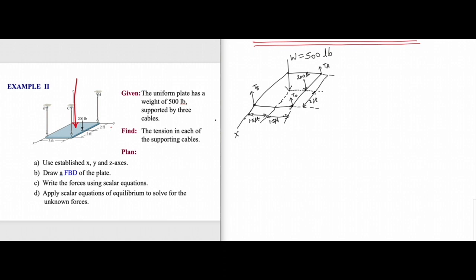That means even the weight is 2 feet from the y-axis, and this is the z-axis.